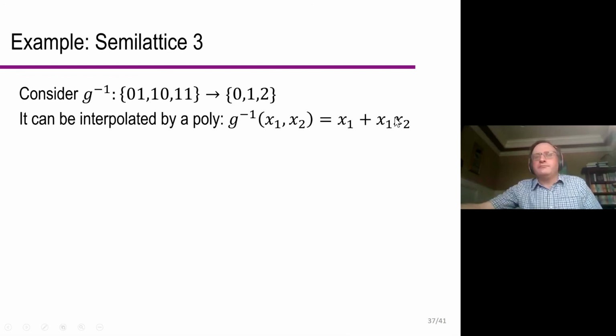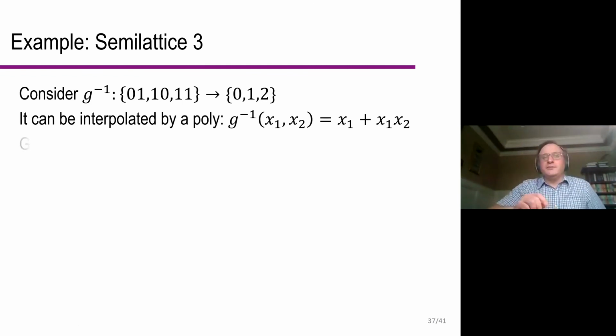It's 0. So it basically computes the function. 1, 0: 1 plus 1 times 0 is 1. 1, 1: it's 1 plus 1, it's 2. And so yes, indeed, the values of this little polynomial on the pairs are exactly the values of g2 minus 1, exactly the decoding function.